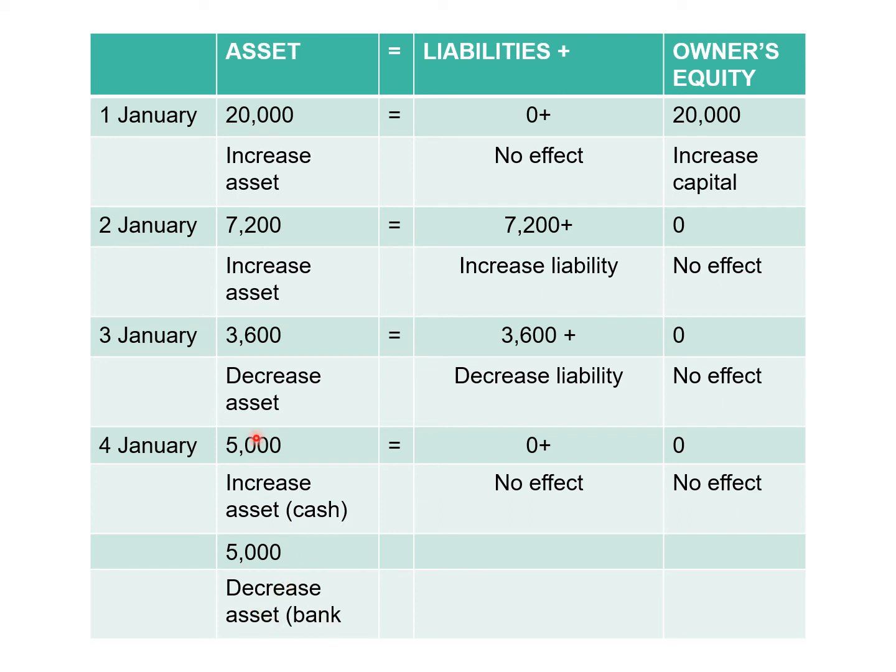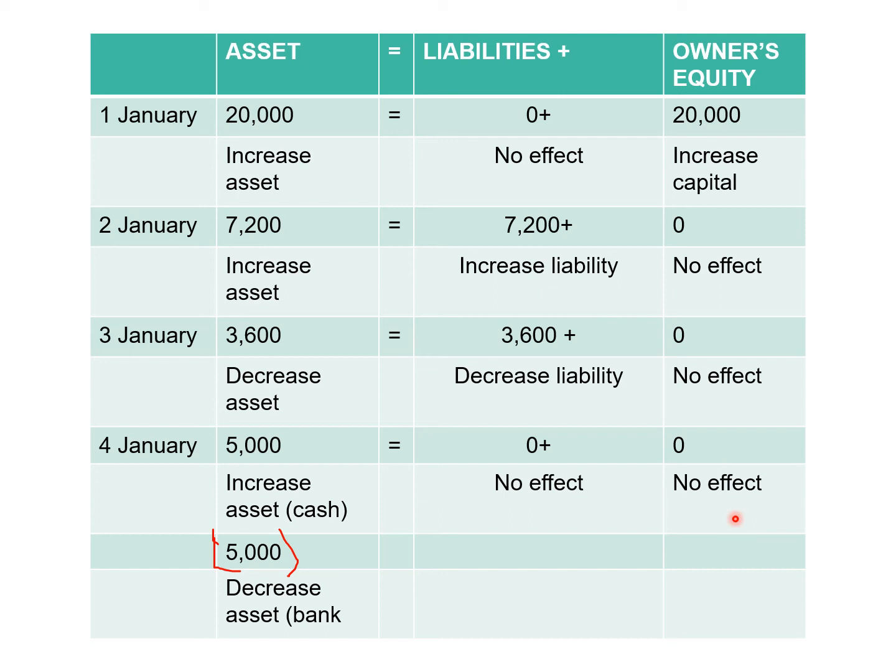So 5,000 increase, 5,000 decrease. So plus, minus. Right? So here equals to no effect plus no effect. So because yang ni 5 tolak 5, so dapat kosong, right? So kosong equals to kosong campur kosong.